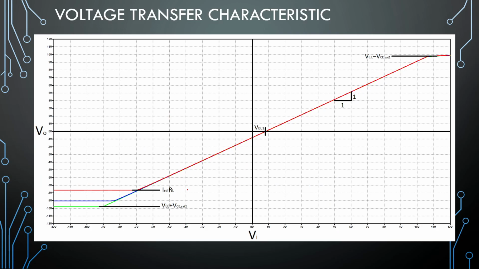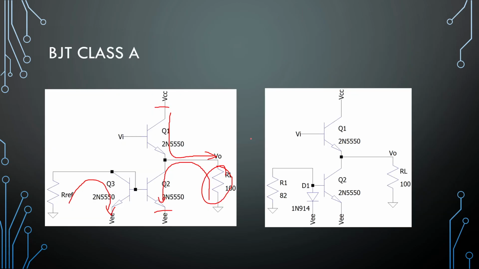Right. So the most important part of any power output stage is the voltage transfer characteristic. Right? And the first thing that you notice here, this thing is not going through 0, 0 in the middle. Note that there is no biasing on the input of this transistor right here, so it requires VBE to switch on.